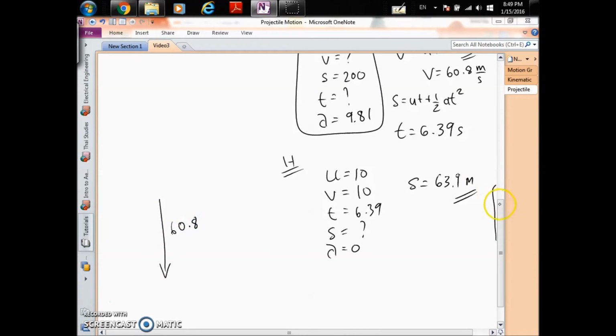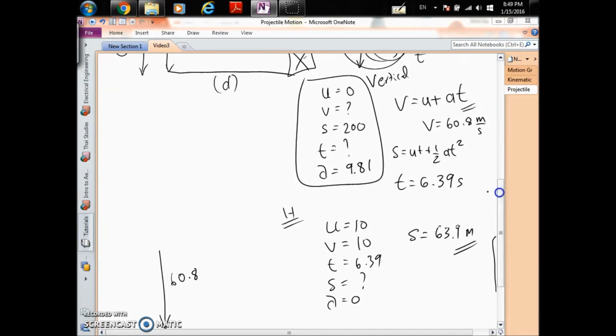So what's going to be the final horizontal component? As you can see here, the initial and final are the same, okay? Which means it doesn't slow down because there's no air friction. So we're going to draw a horizontal component here. And the velocity that we're interested in is basically this one here.